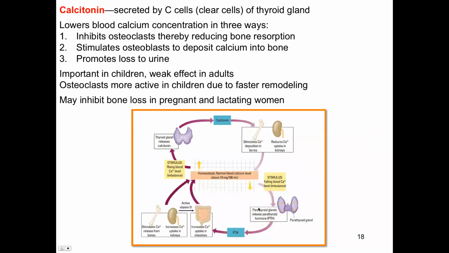Now, calcitonin, this is the other hormone that I mentioned to you. Calcitonin is active on the other side of the calcitriol and the parathyroid hormone. Calcitonin is released when you have high blood calcium, right? And where does it come from? Well, it comes from the thyroid gland. There's a structure in the thyroid gland where you've got follicles, and there are these C cells that are on the outside of the follicles.